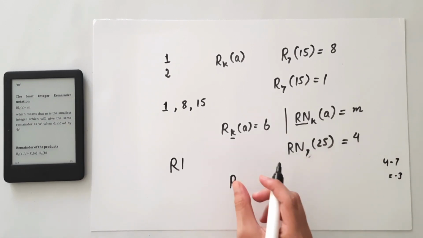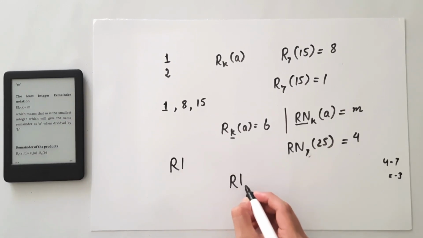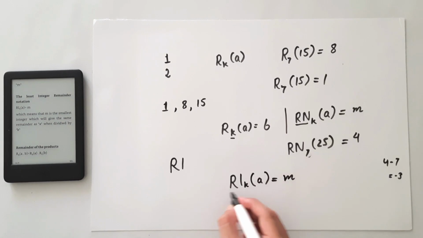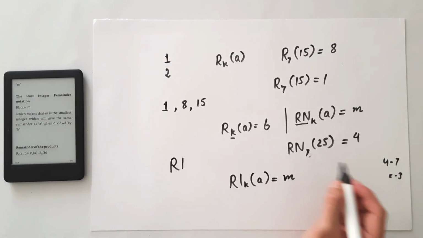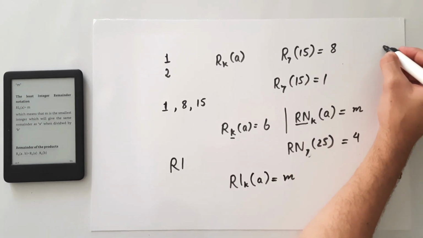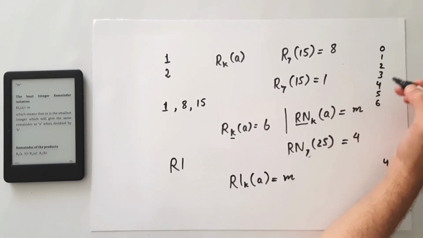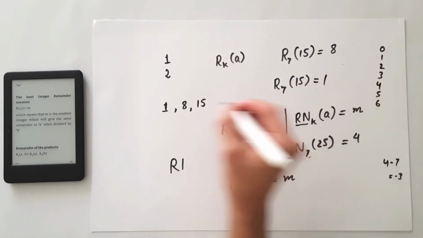And we are actually talking about the new notation, Ri, k of A is equal to M. Here we are talking about the least integer remainder. For example, in case of 7, the natural number remainders which we get are 0, 1, 2, 3, 4, 5, 6.